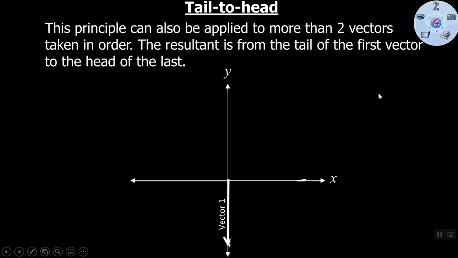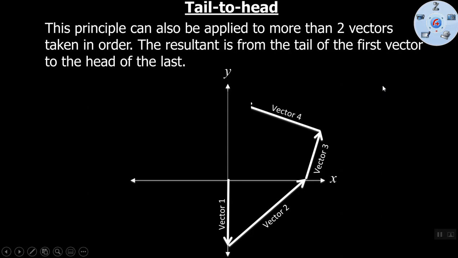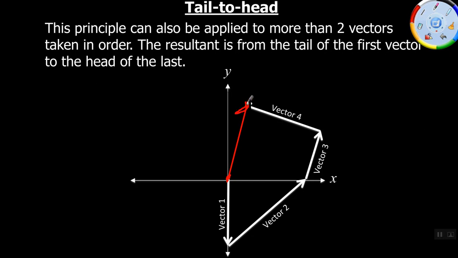We draw the first vector, the second, the third, the fourth, and then from where my first vector starts to where my last vector ends, I draw my line, and I draw my arrow in the direction from where I started to where I ended.